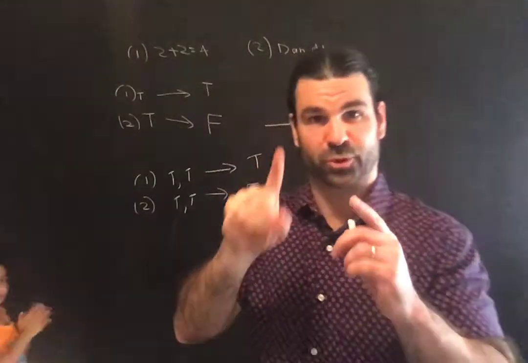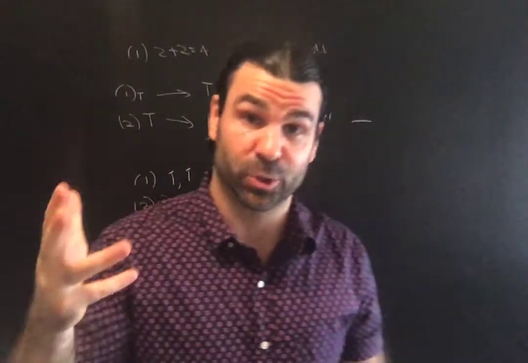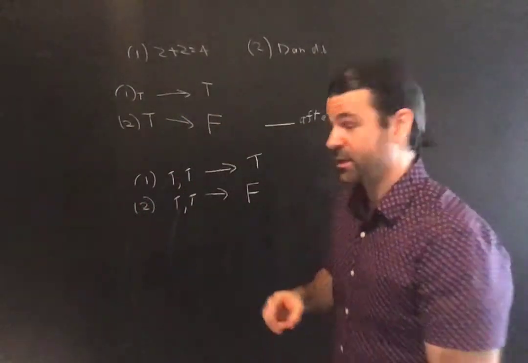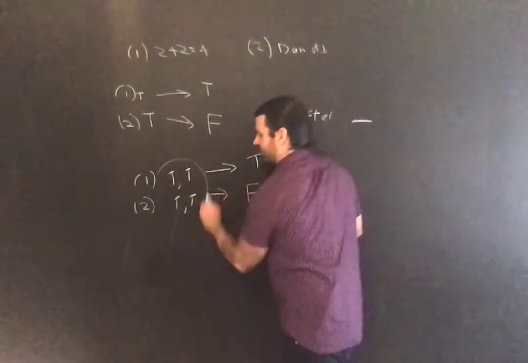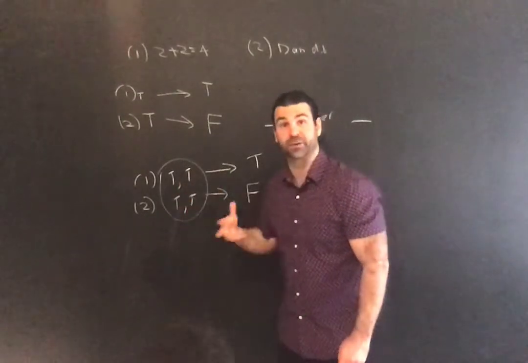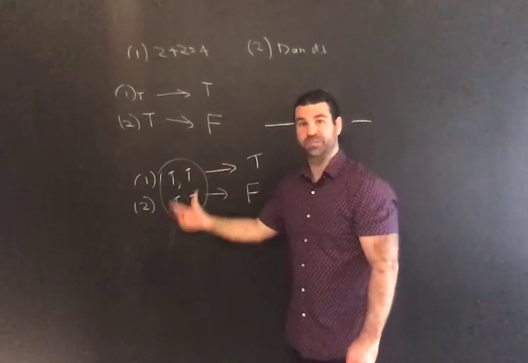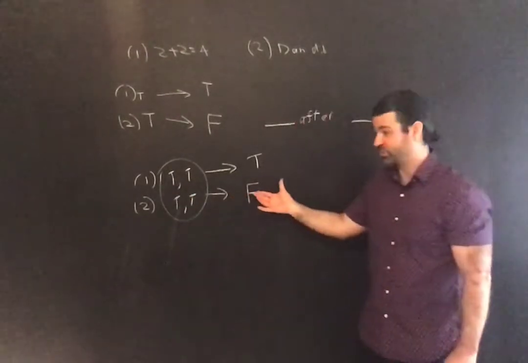So you've got true, true going to true, and true, true going to false. It's better explained in the lectures if you look at that. So if you have to demonstrate a two-place sentential operator is non-truth functional, you just need two pairs of input sentences, with the same truth values. So again, the catchphrase is: same truth value input, different truth value output.